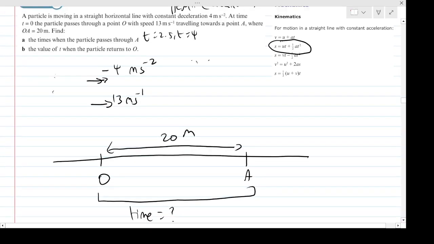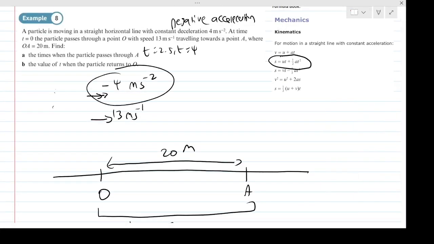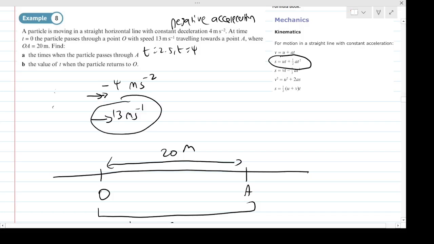Particularly because it's decelerating, the acceleration is negative, which means it's slowing down. So we have this positive speed of 13, but because the acceleration is minus 4, that's saying every second the speed is going down by 4. So in 1 second it will go to 9, then to 5, then to 1.